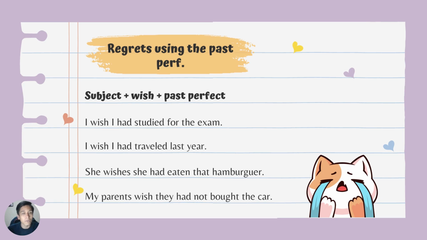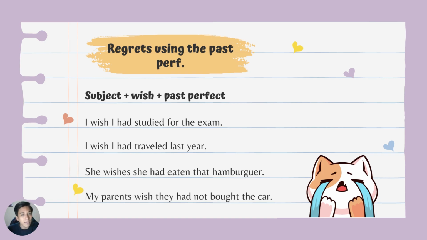For example, to express regret would be, I wish I had studied for the exam. What does it mean? Well, it means that basically I didn't study for the exam, that I failed my exam, so that is why I wish I had studied for the exam. I wish I had traveled last year.